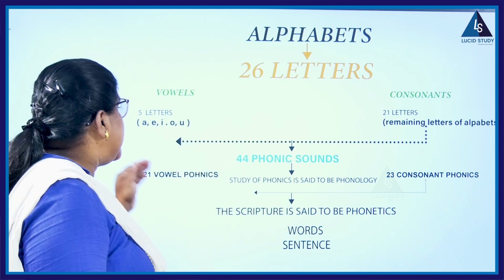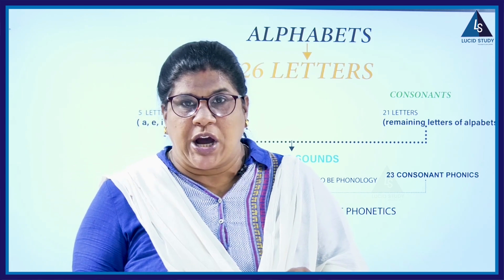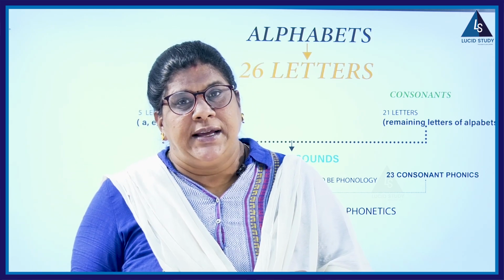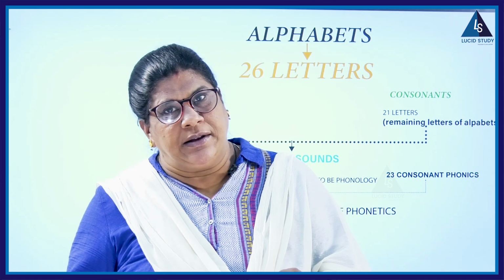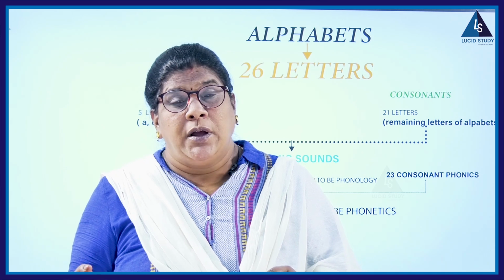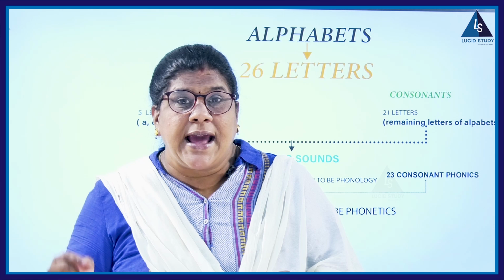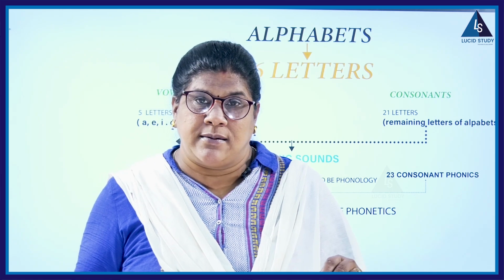Basically, when you are a child, you learn A to Z, writing and naming. But when you say A, B, C, D, E, F, G, H, they are the names of the letters.